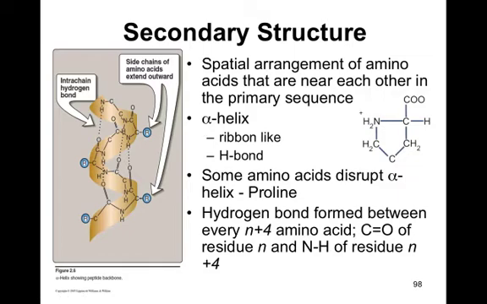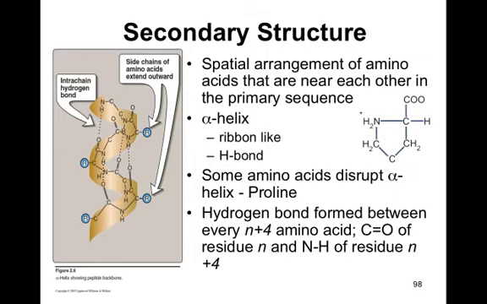The most common types of secondary structures are the alpha helix and the beta sheet. Both these alpha helices and beta sheets are held in shape by hydrogen bonds which form between the oxygen of the carbonyl of one amino acid and the hydrogen of the amino group of the second amino acid.